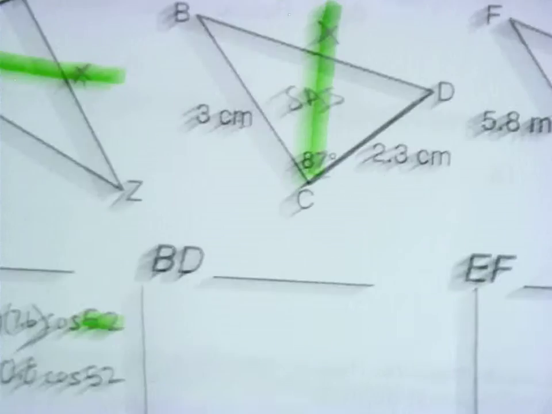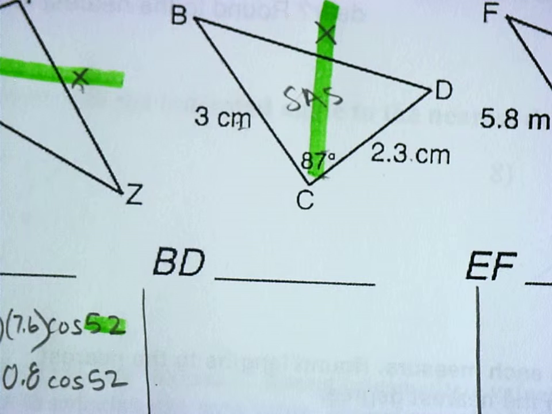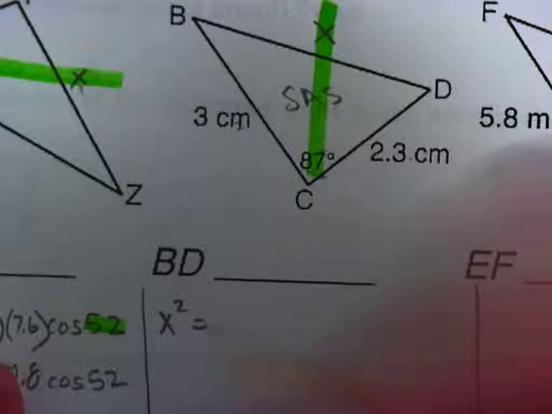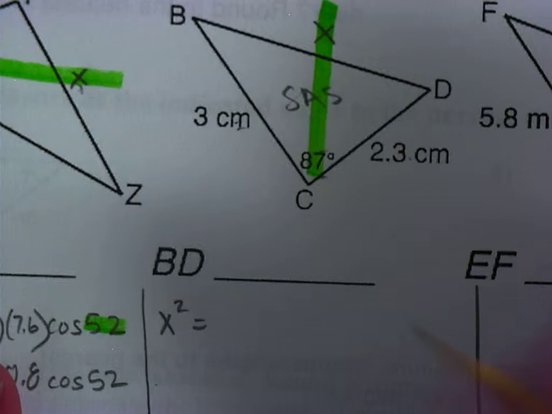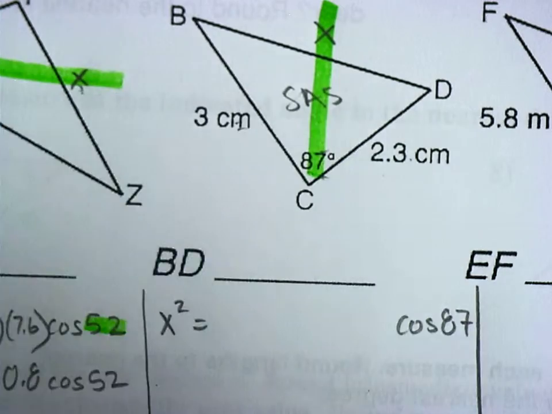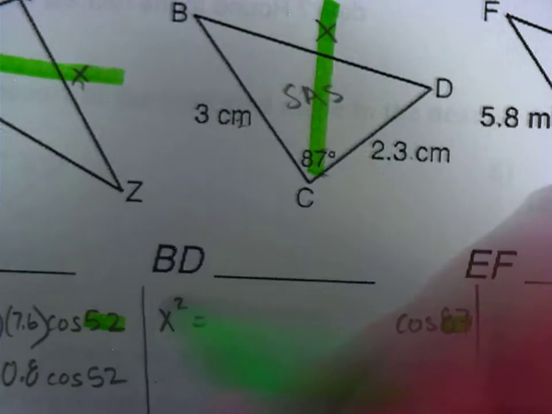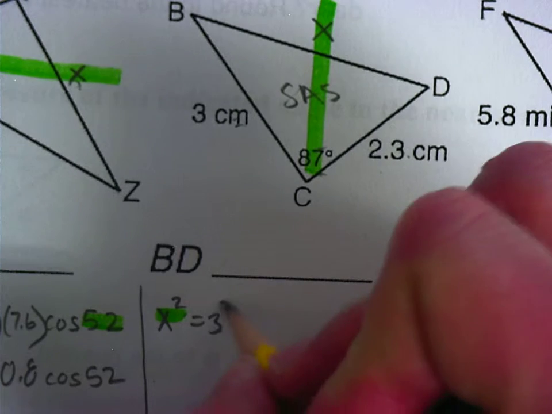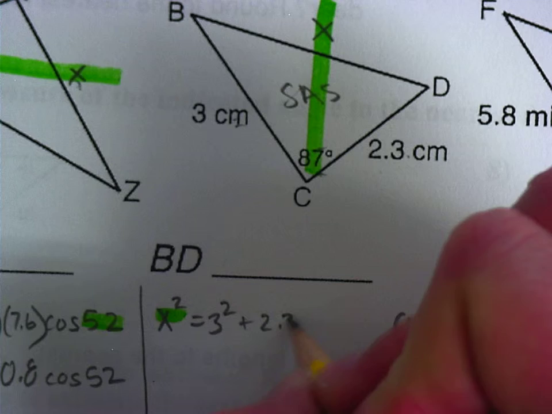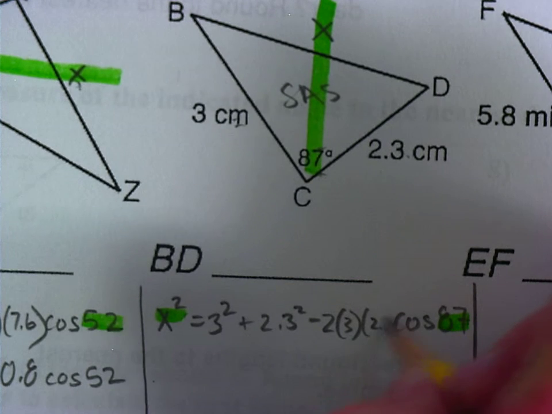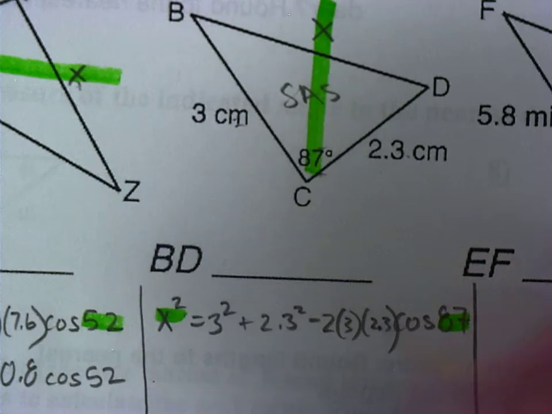That means that when we set up our Law of Cosines formula, the side squared is going to go on the outside. Then we're going to have a bunch of stuff in the middle. And at the end, it's going to be the cosine of 87 because that's the angle it goes with. So now we just fill in the middle with the other two sides. 3 squared plus 2.3 squared minus 2 times 3 times 2.3 times the cosine of 87.